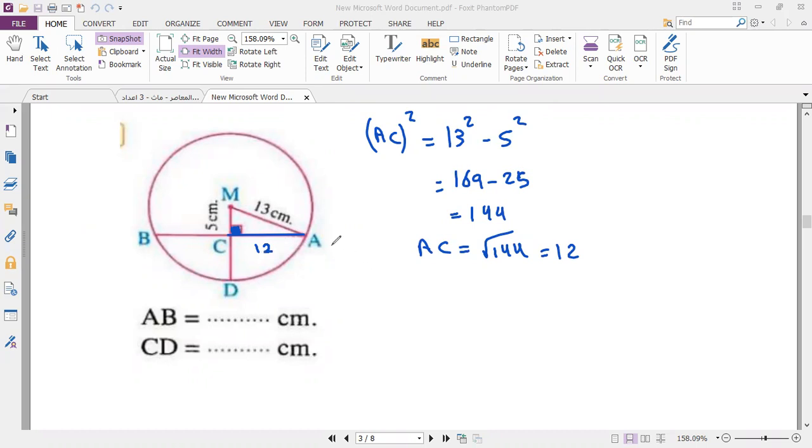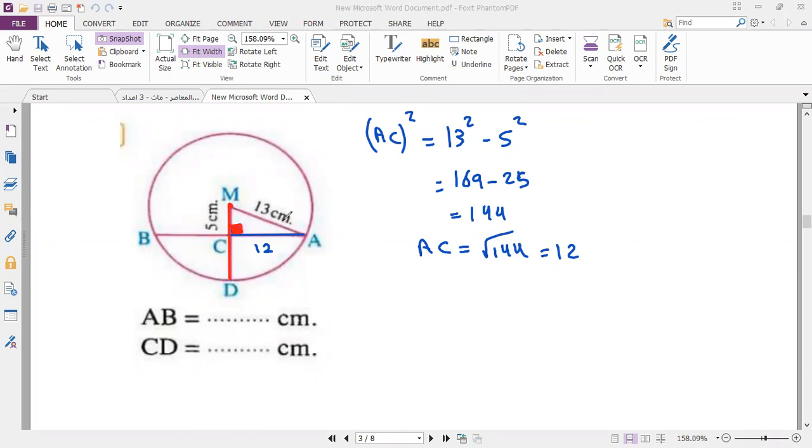Okay. And you know that the straight line passes through the center of the circle and perpendicular to any chord. If you remember the three words I told you: pass, perpendicular, and bisect.